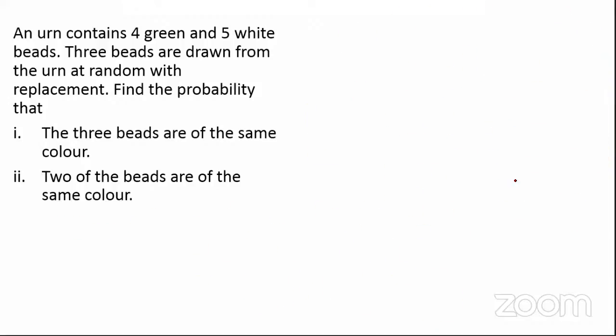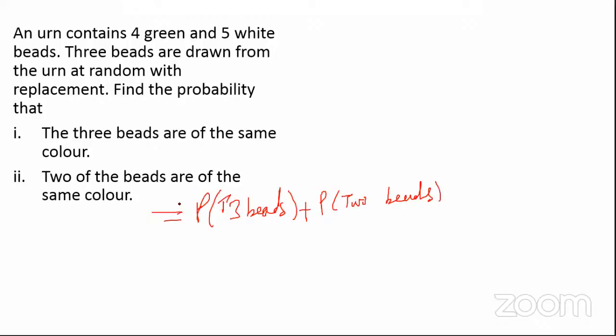So I'm simply saying that the probability of the 3 beads being of the same color, plus the probability of 2 of the beads having the same color, should give us a 1, which is the total probability.